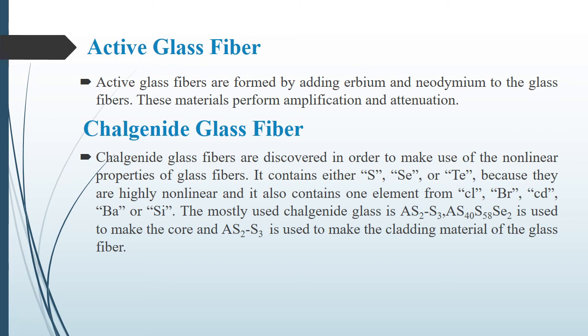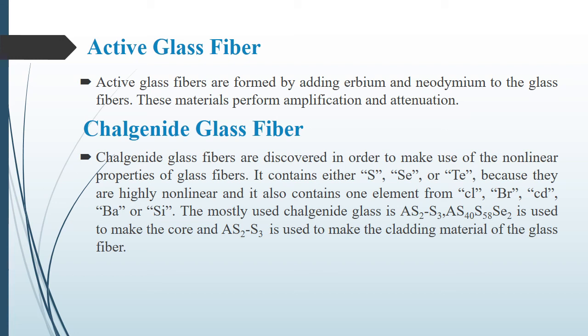Next is the chalcogenide glass fibers. Chalcogenide glass fibers were developed in order to make use of the nonlinear properties of glass fibers. They contain either Se or Te, because they are highly nonlinear, and they also contain one element from chlorine, bromine, cadmium, barium or silicon.